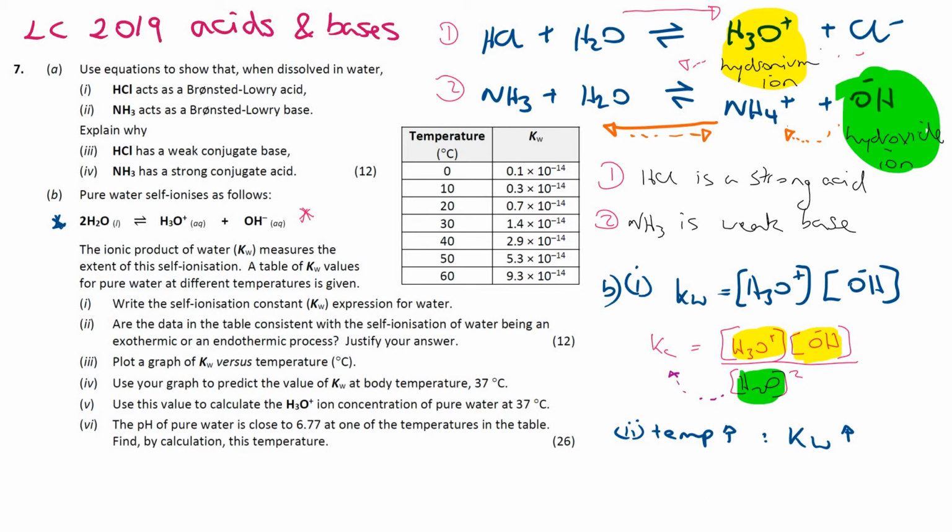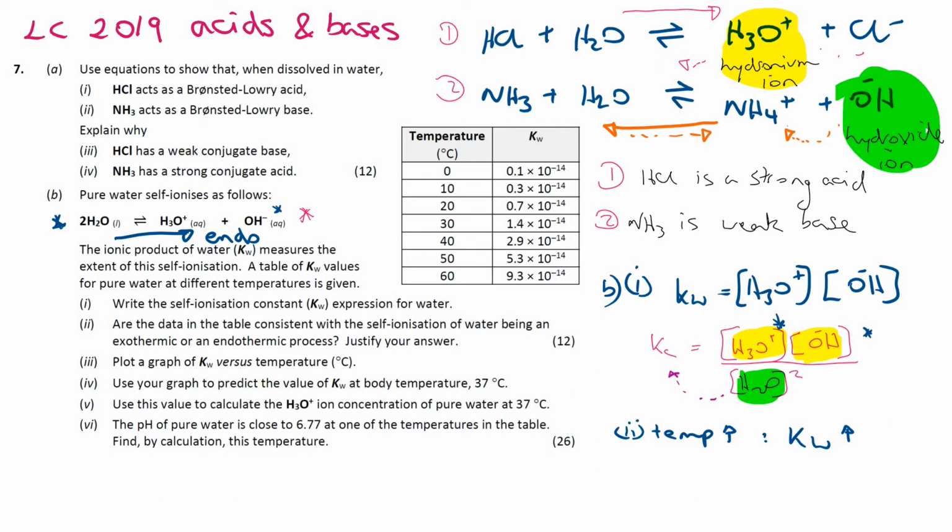So if the concentration of my products is getting bigger and bigger, we know that with an increase in temperature, the system wants to decrease the temperature because it wants to cool it down. So this tells me that the forward reaction is endothermic, because it's favoring the forward reaction, because I'm making more products there, because Kw is getting bigger.